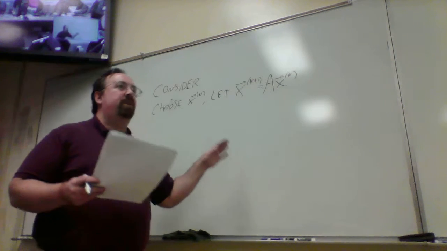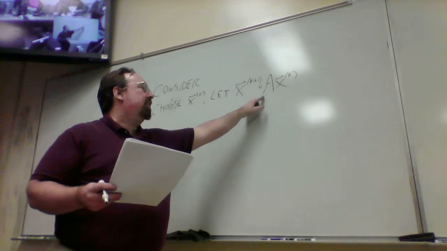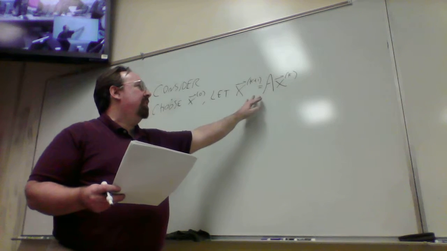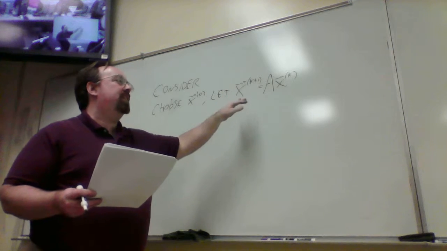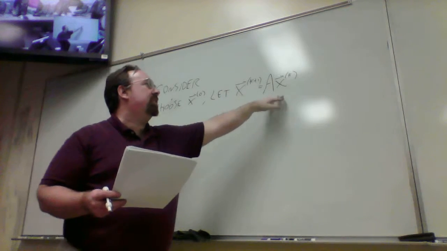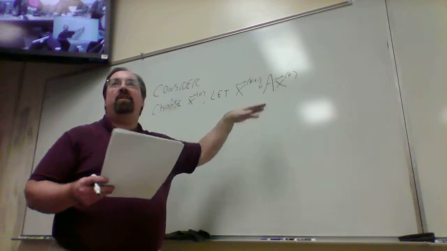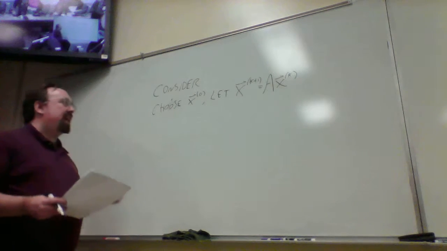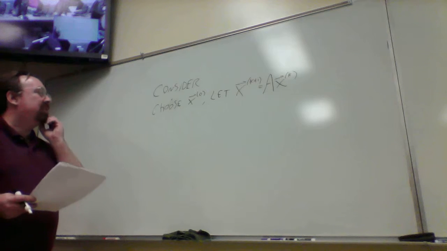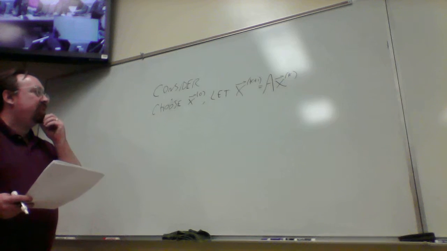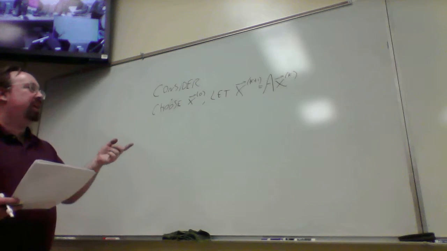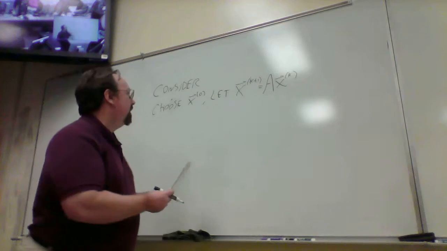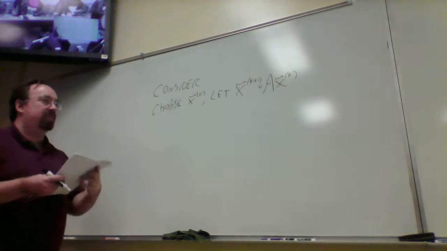And you can figure out from your iterative method that each new error is a previous error times some matrix, and you can figure out what that matrix is. So if we have this known sequence, we want to know when does this sequence of vectors go to 0.